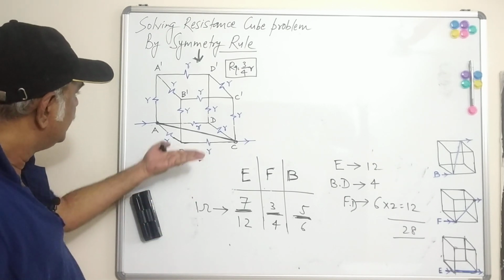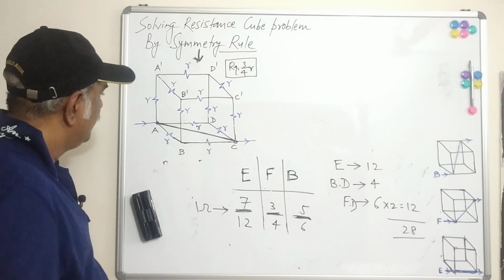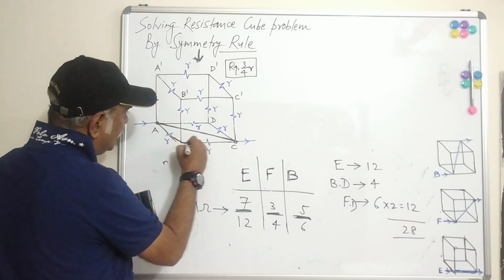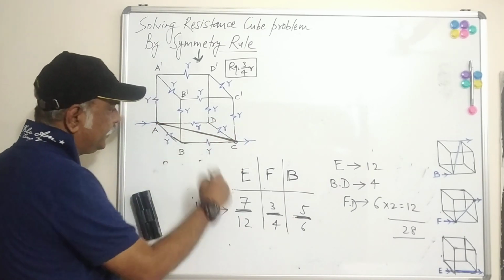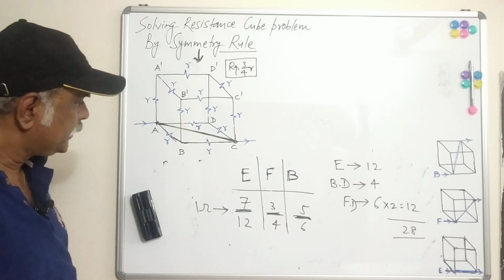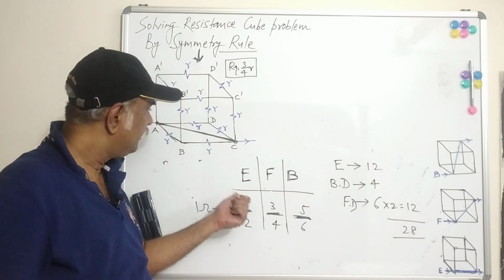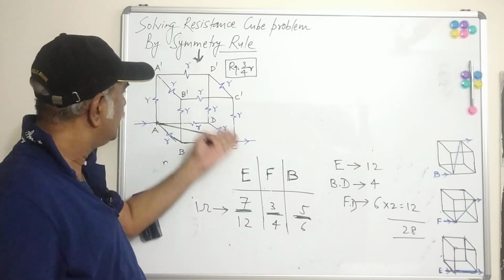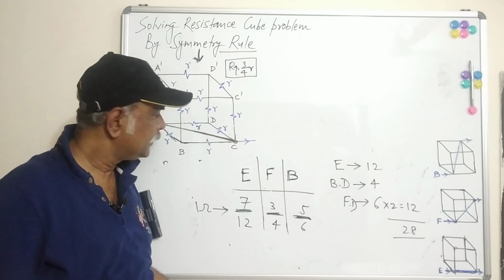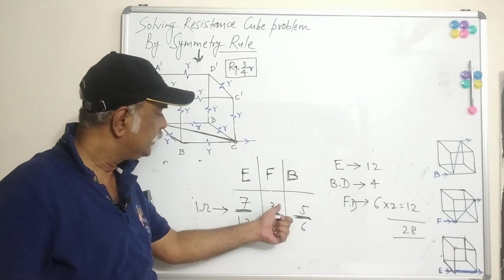Clearly you can see it is a face diagonal, because at the bottom face we are joining the opposite vertices. So in a face diagonal, irrespective of which face diagonal you are finding the equivalent resistance, the answer has to be what? 3 by 4.